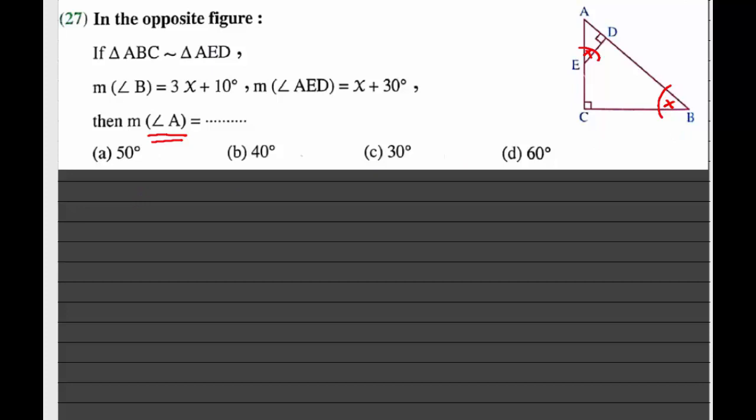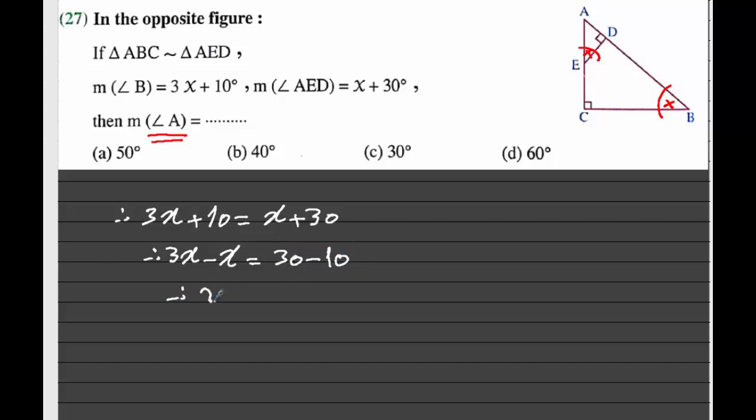So from similarity, we have measure of angle B equals the measure of angle AED. So 3x plus 10 equals x plus 30. And from that, 3x minus x equals 30 minus 10.